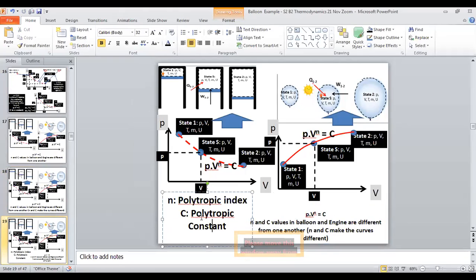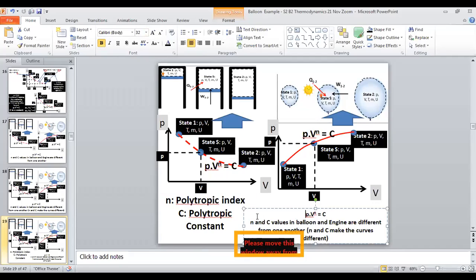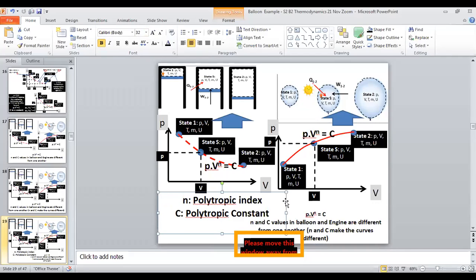Okay? C is called the polytropic constant. Polytropic index, polytropic constant.